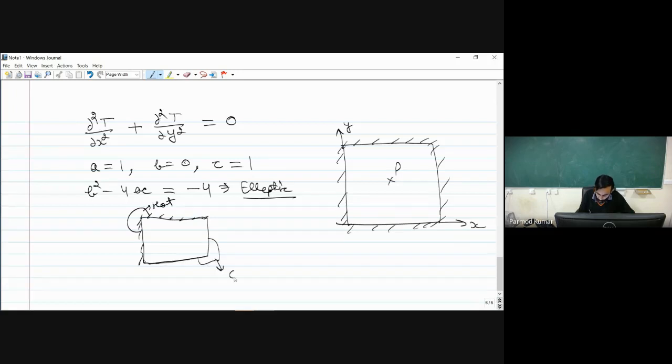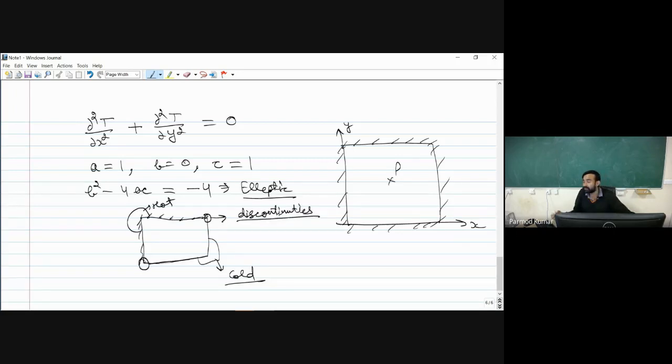Say these two cold boundaries have a temperature of 0 degrees Celsius, and these two hot boundaries have a temperature of 100 degrees Celsius. In that case, what will be happening? We will be finding that at these two corner points, we will have some discontinuities. Okay, is this point clear?